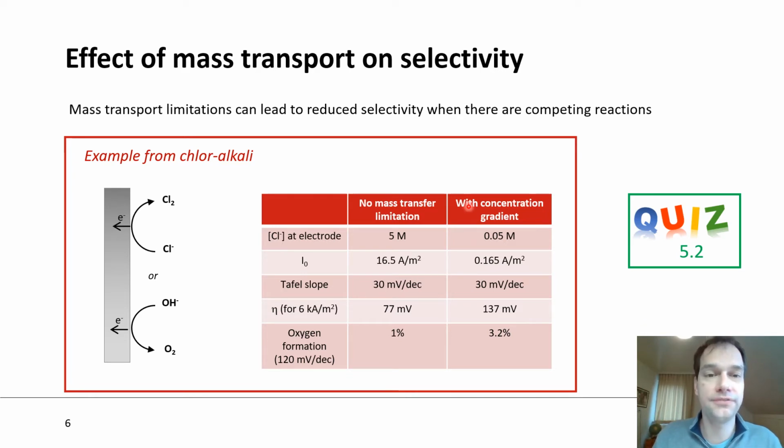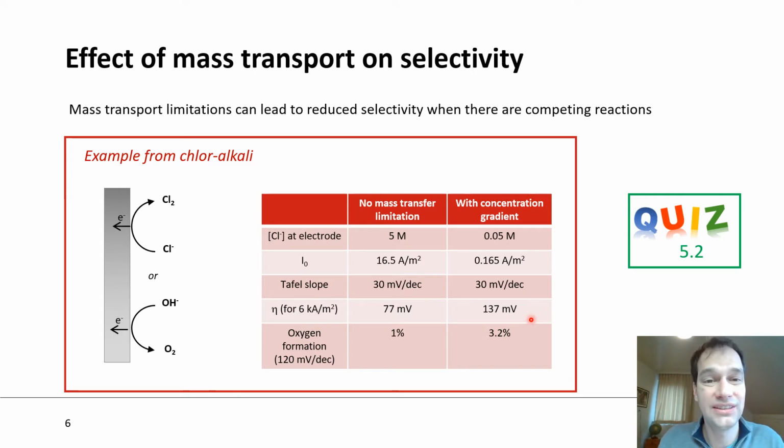Now, if we would have a very big mass transfer issue, it would mean that the concentration of the chloride near the electrode would dramatically drop to, for example, 0.05 molar. Then, using the same numbers for the exchange current density and the Tafel slope, you can calculate that the overpotential you need to achieve a current density of 6 kA per square meter is 137 millivolts.